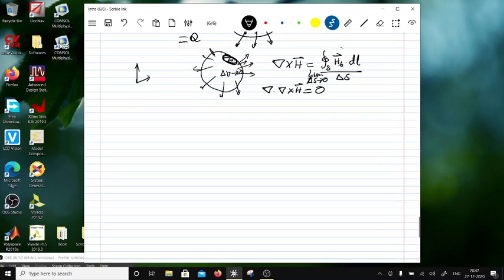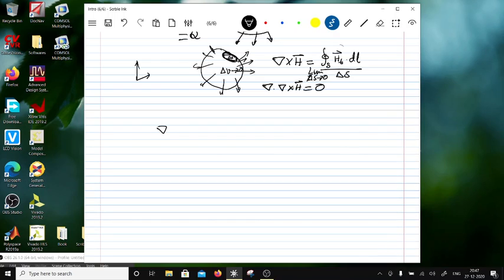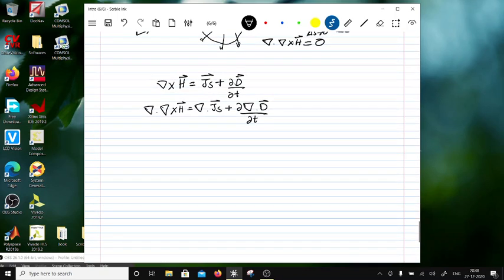So having said this, let's consider curl of H. Curl of H is equal to Js plus dou D by dou t, and if I take the divergence of that, it will be divergence of Js plus the time derivative of divergence of D. So now this component, divergence of curl of H, is 0.